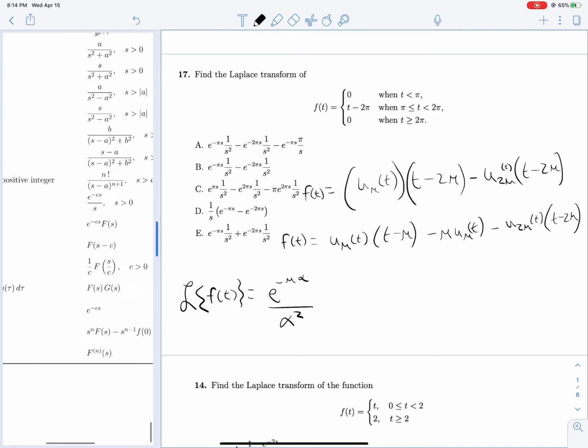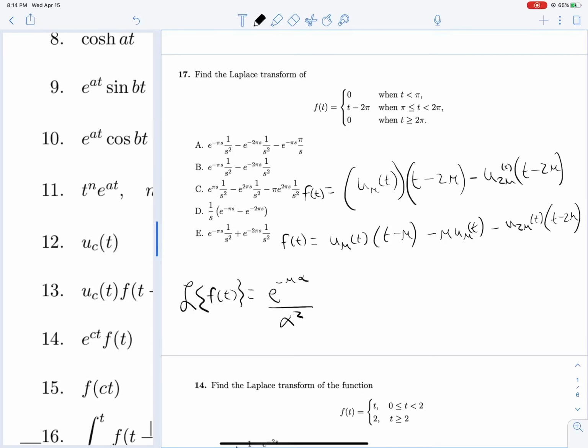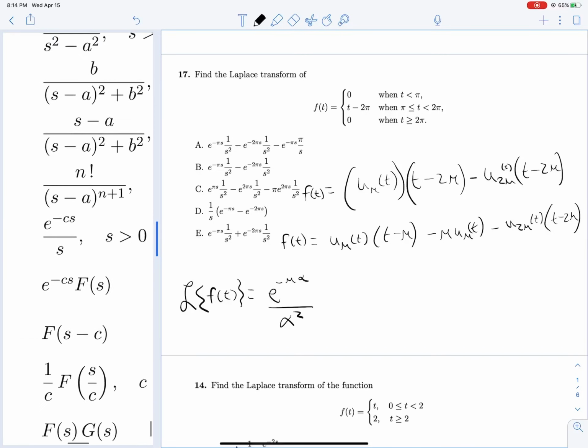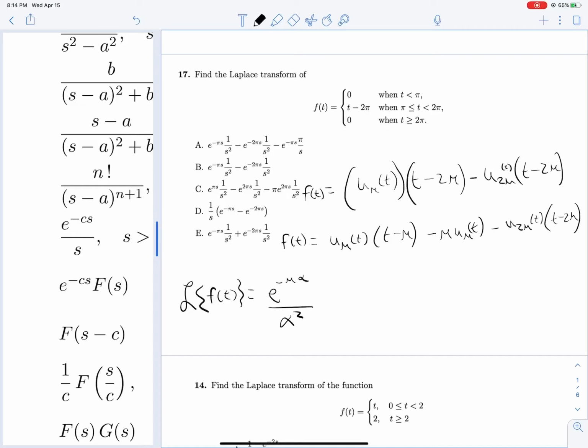And then our negative pi u pi of t will just become minus pi e to the negative pi alpha over alpha, because this negative pi constant can just stay outside of the Laplace transform, just like we can pull factors out of integrals and get away with it.